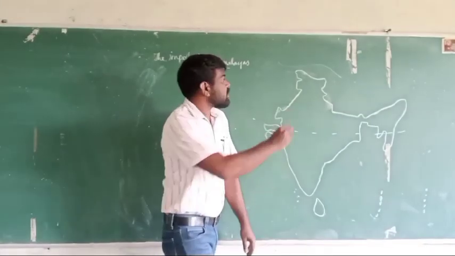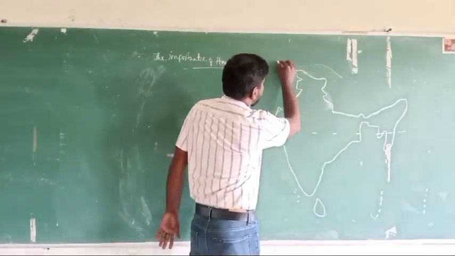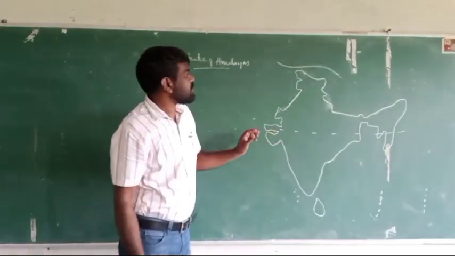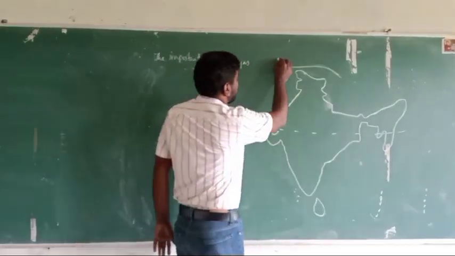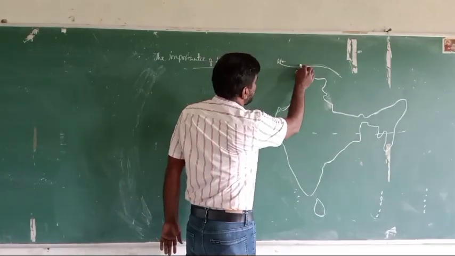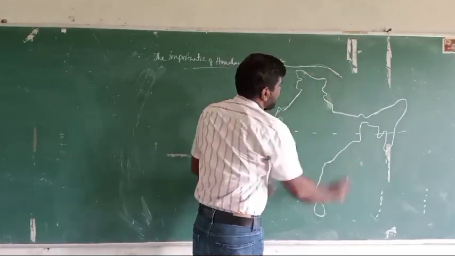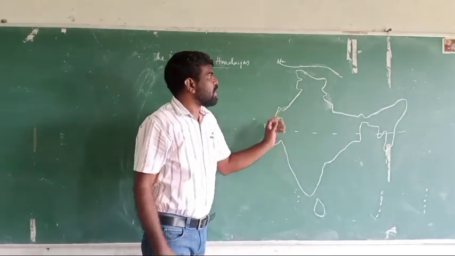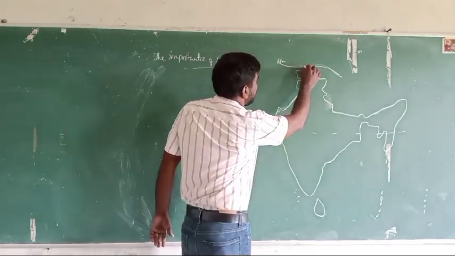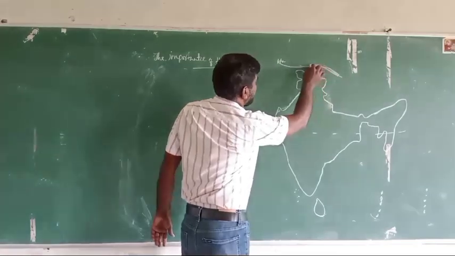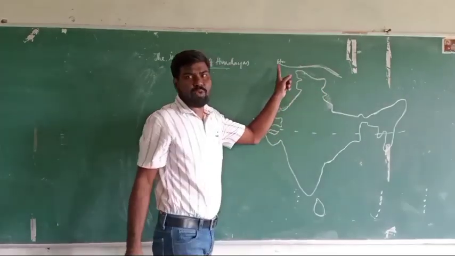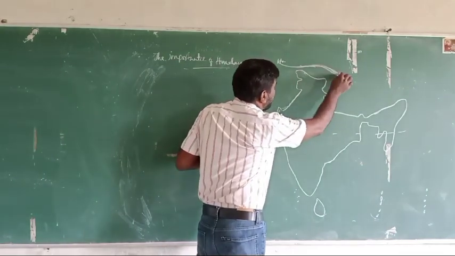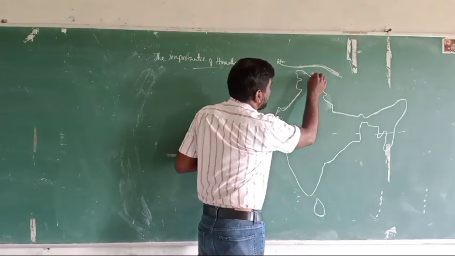To the north of the Great Himalayas, there are diversified mountain chains: Hindu Kush, Karakoram, Pamir, Zaskar are part of these Himalayas. They are called the Trans-Himalayan Zone. In this Trans-Himalayan zone, the Karakoram ranges are there.